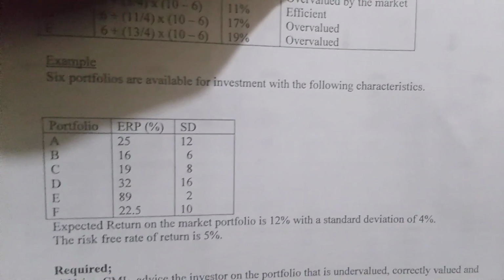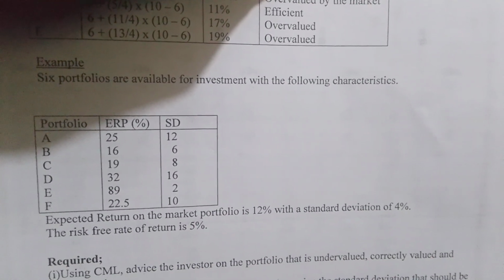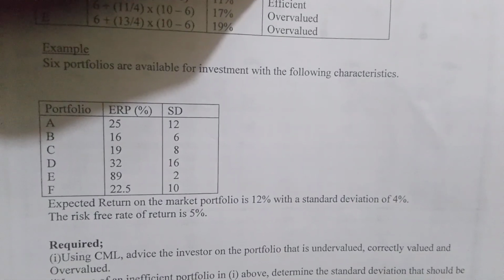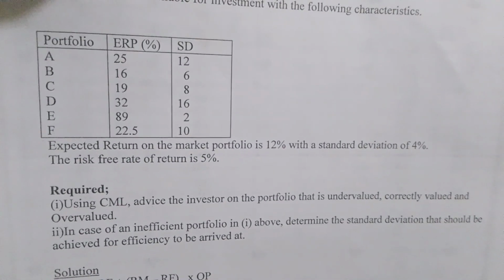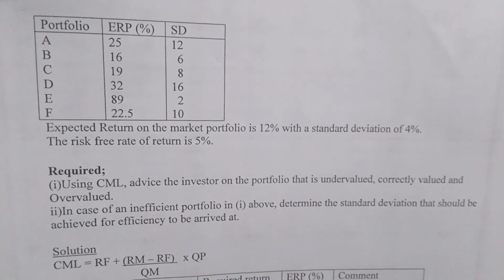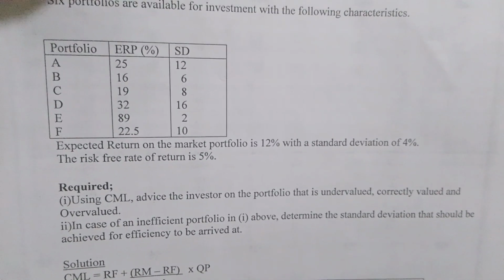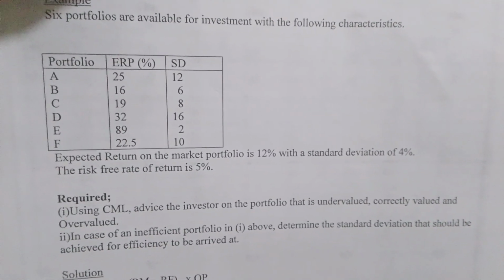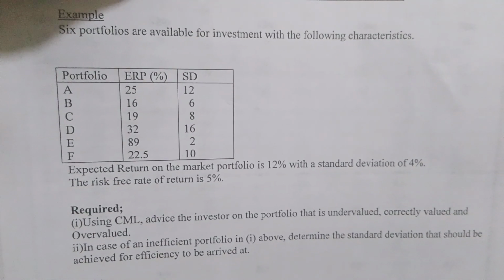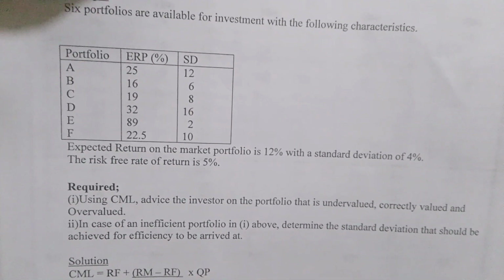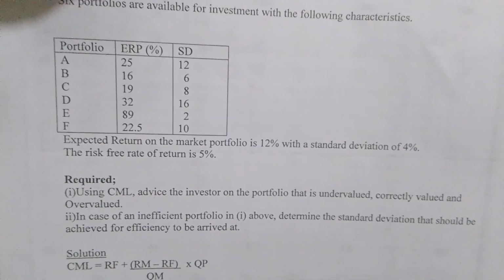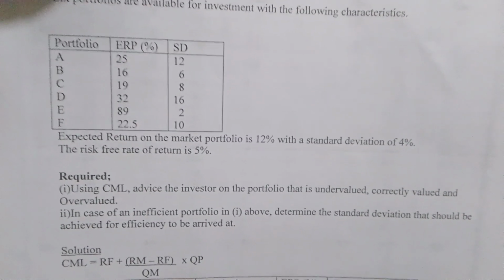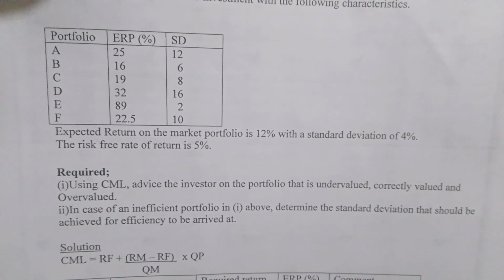Example 2. Let's move to example 2, and you are told 6 portfolios are available for investment with the following characteristics: portfolios A, B, C, D, E, F. Expected return of the portfolios from A all the way to F is 25, 16, 19, 32, that is 8.9%, not 89, then 22.5.